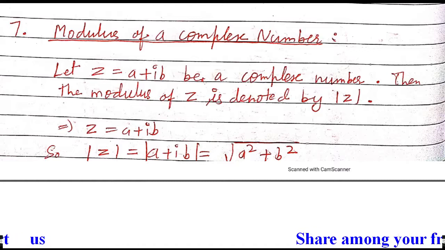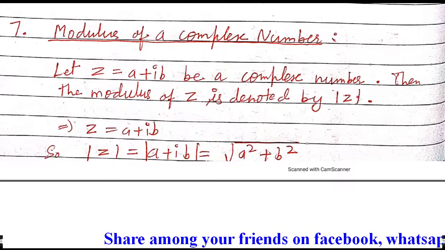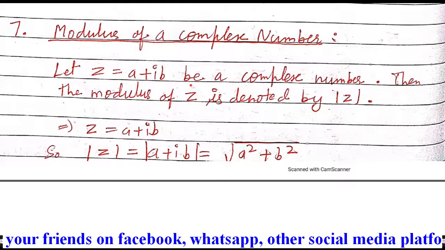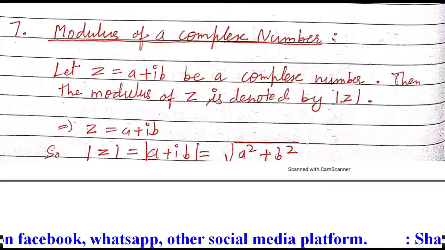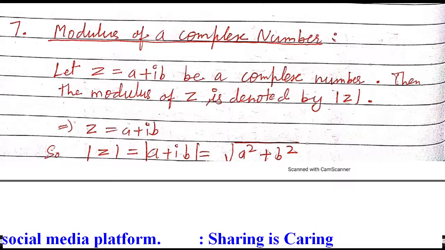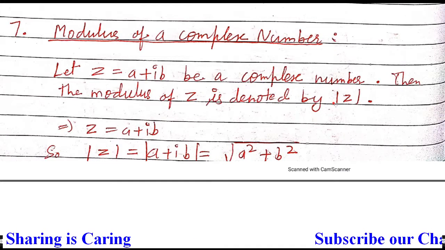To find the modulus, let z = a + ib be a complex number. Then the modulus of z is denoted by two bars with z in between, |z|. It is mod z, which you already had in real numbers, but that meaning is totally different.